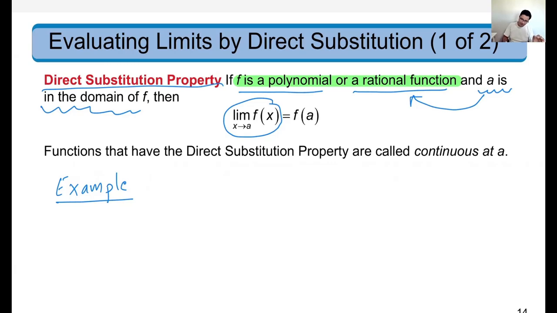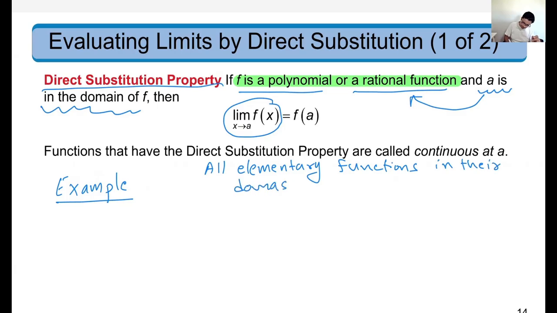This is true for all what we call elementary functions in their domains. That statement is true for the elementary functions as long as that a is in their domains. Okay, please understand it in that sense.